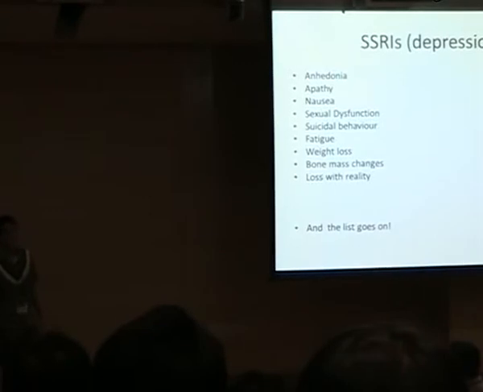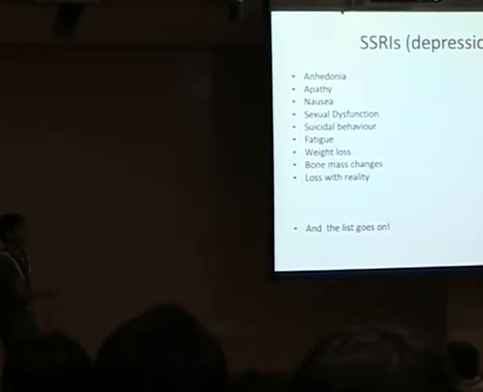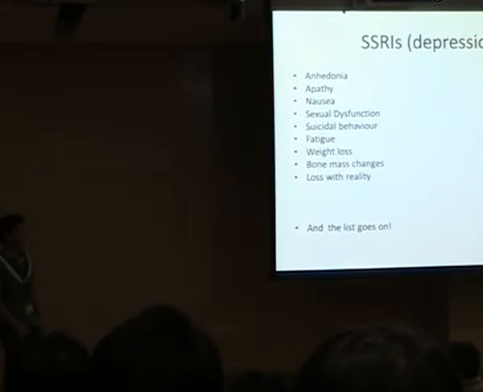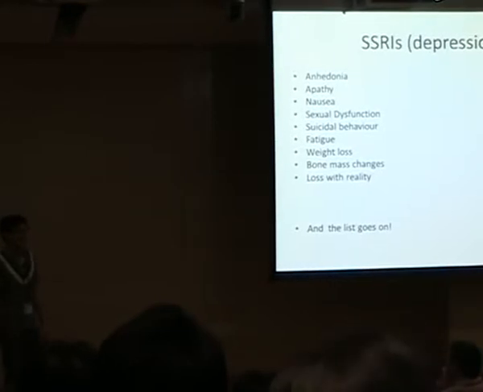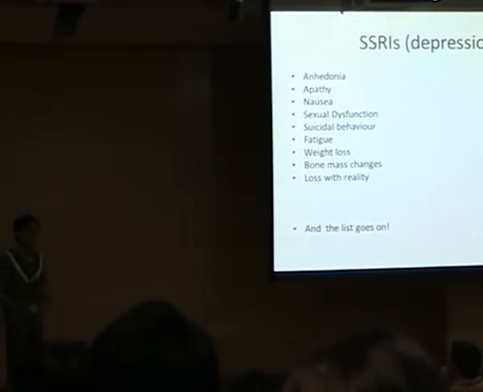The thing is that serotonin receptors are found throughout the brain. So when you try and use these drugs, you have things like sexual dysfunction, suicidal behavior, fatigue, weight loss, and the list goes on. So the molecular methods can tell us certain things, but they cannot really dissociate really complex behaviors.